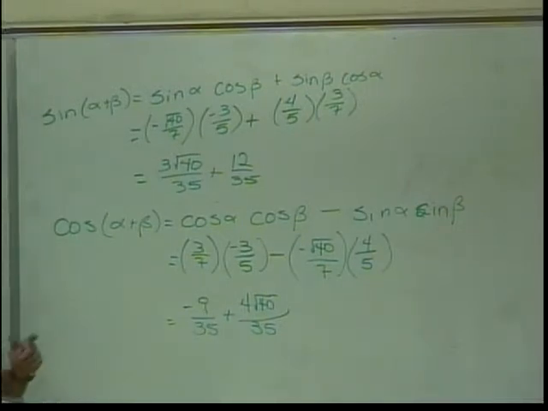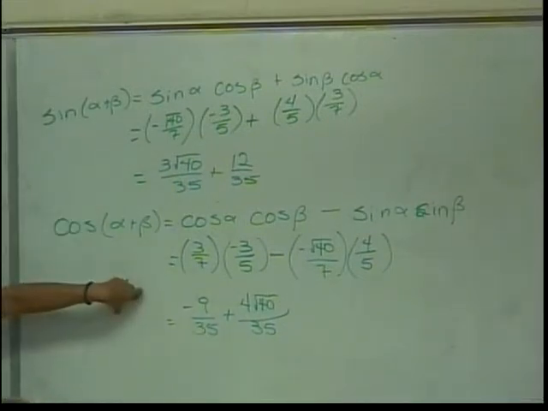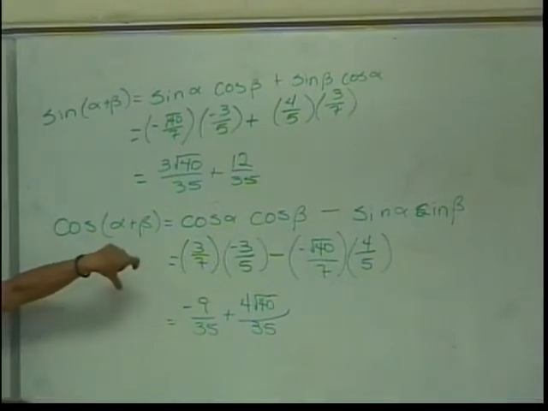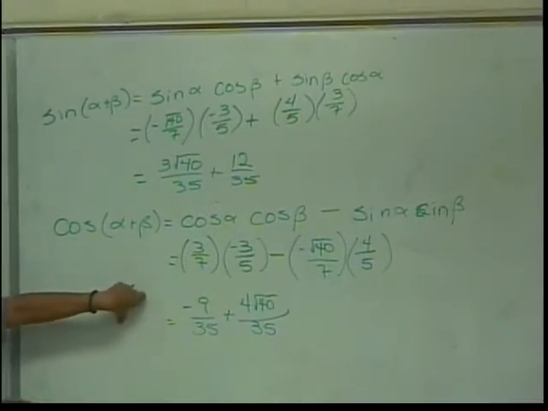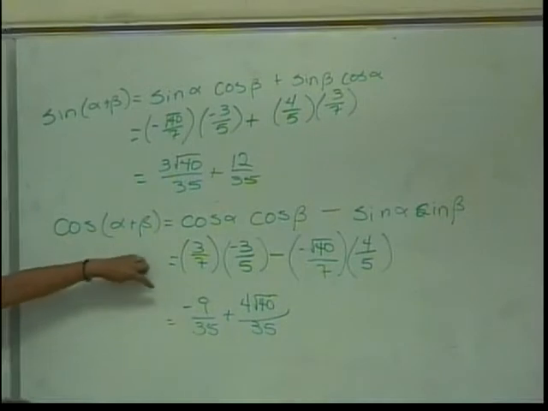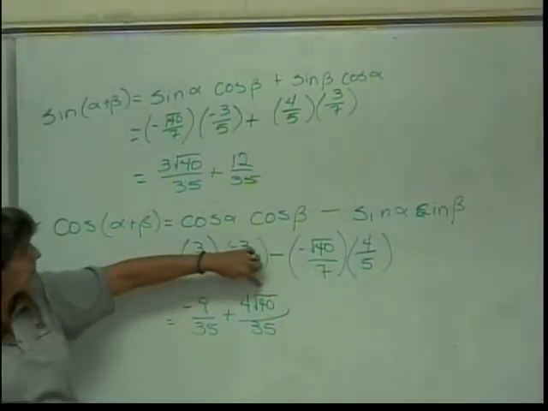Okay, so I think what he's getting at is the sine is obviously positive. So that means I'm either in quadrant 1 or quadrant 2. To determine which one, I have to determine if this cosine is positive or negative. And he said all I need to know is whether -9 is bigger than 4 times the square root of 40.